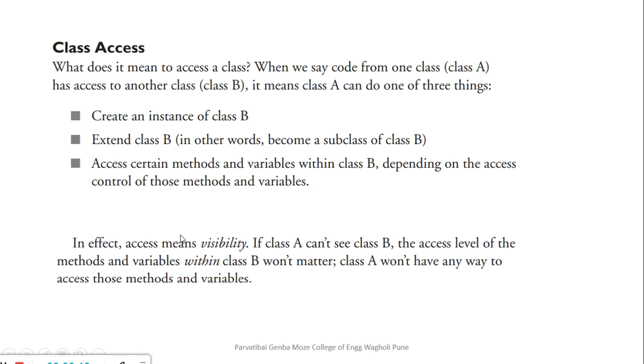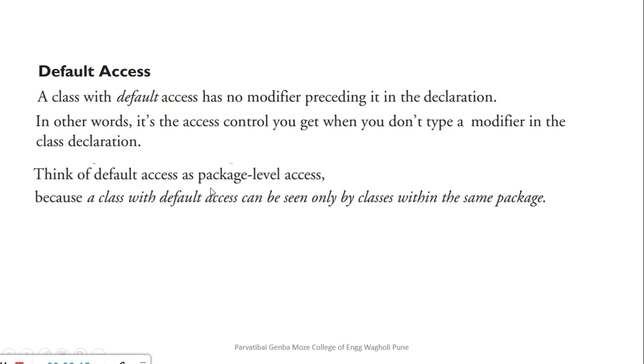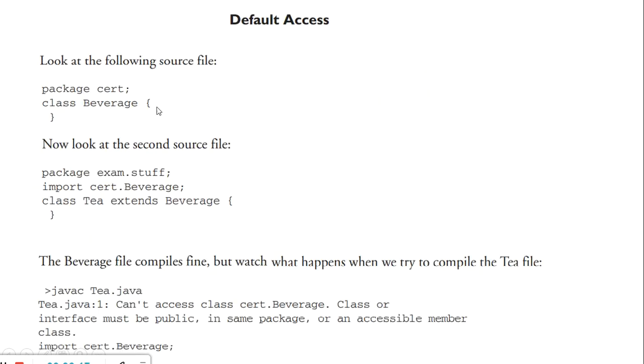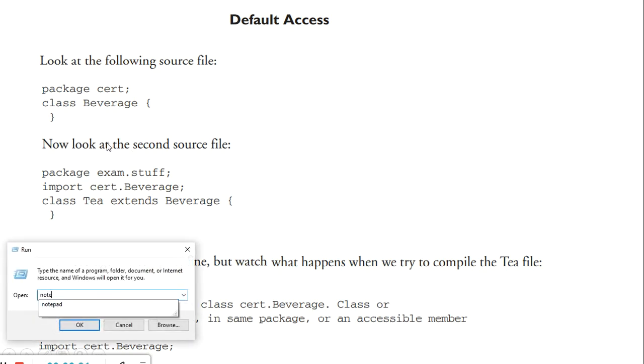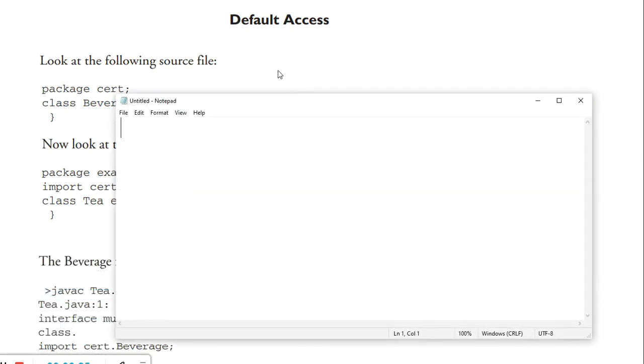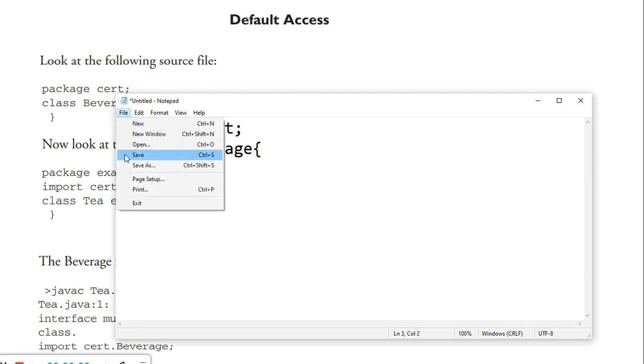First we will see the default access. So we will make this class Beverage in Notepad. So package cert, and in that we will make this class Beverage. Now save this.